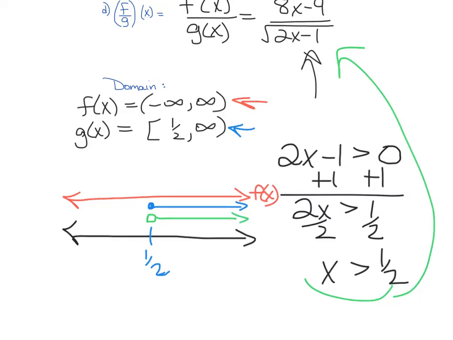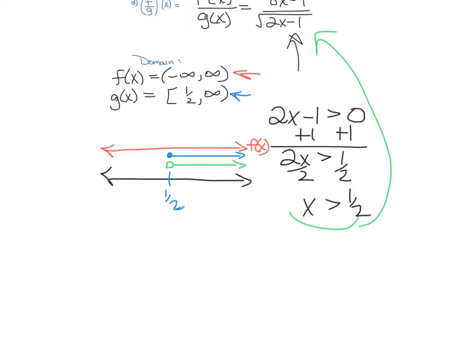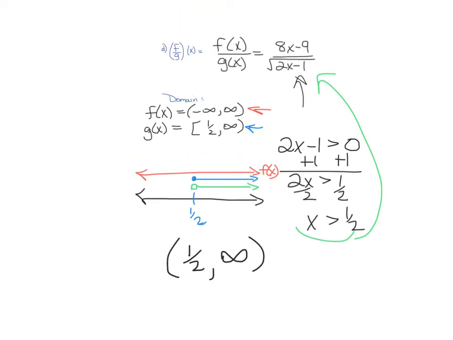So now it has to be an intersection of all three. So my answer here for the domain for part D is actually everything that's greater than 1/2. It cannot include 1/2 because it'll make my denominator 0. So this time I'll exclude it.